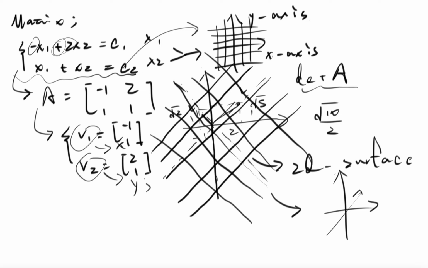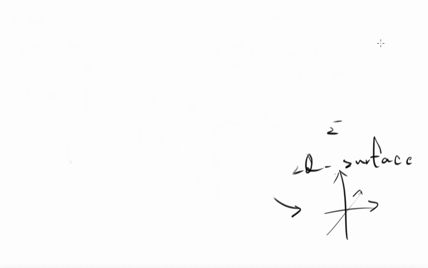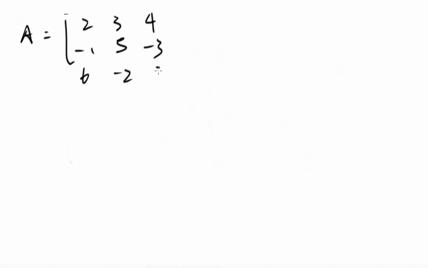Okay, now we can do a little practice. Let's look at this question. A is as such, a matrix A: 2, 3, 4, negative 1, 5, negative 3, 6, negative 2, 8. And here is the weight.